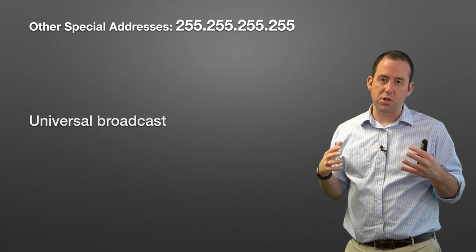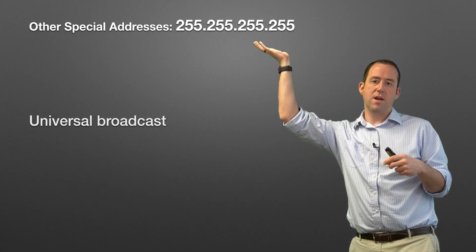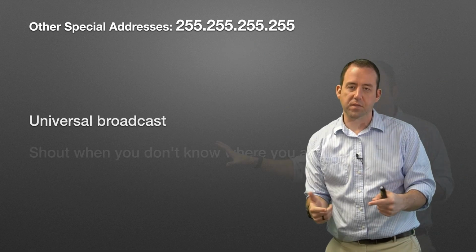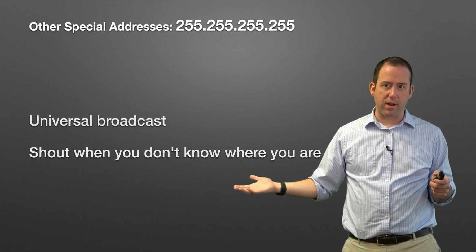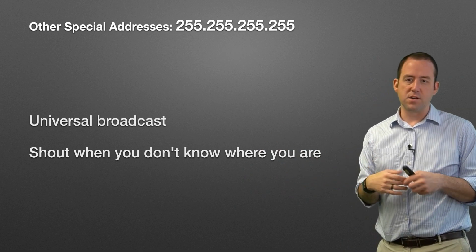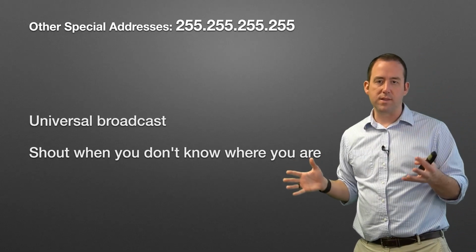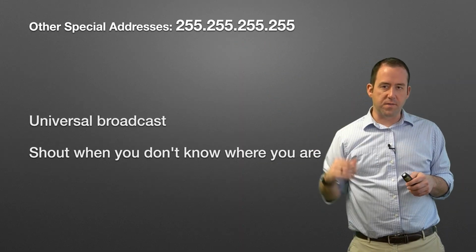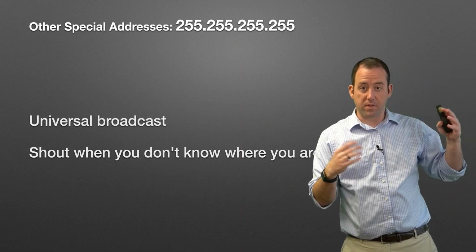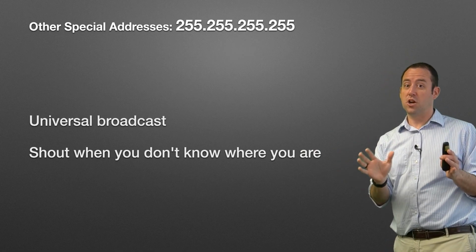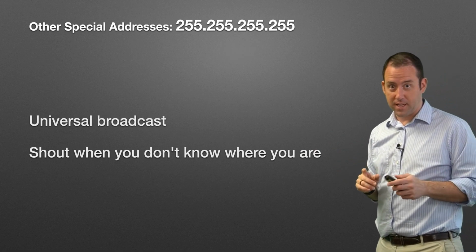So if you're in Wireshark and watching, you might see traffic where the destination is 255.255.255.255. This is essentially your computer shouting when it doesn't know where it is. If your computer has no idea what network address it's connected to, it's just going to shout out to 255.255.255.255. Again, really, try saying it. I promise it's harder than you think it is.